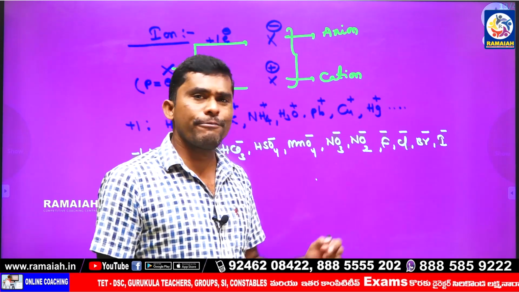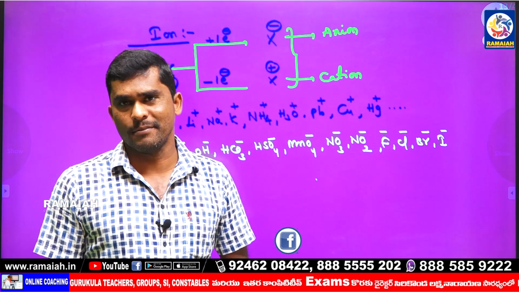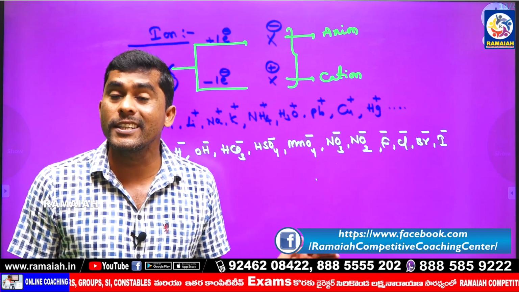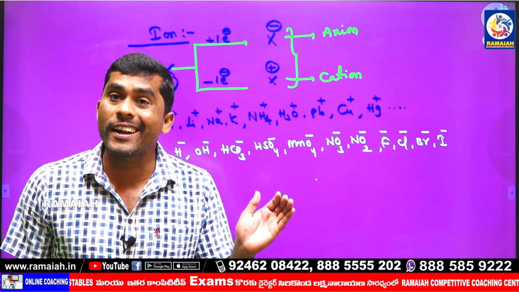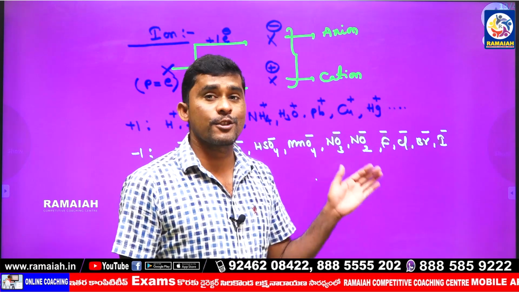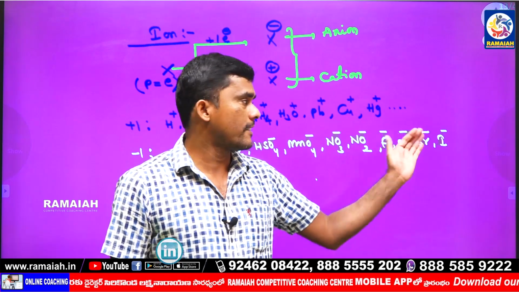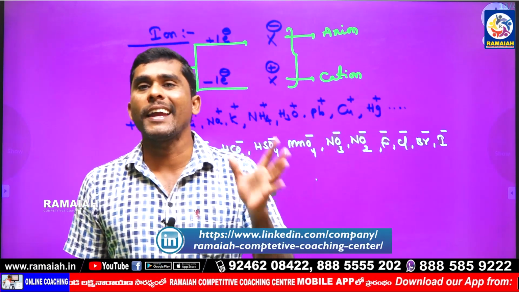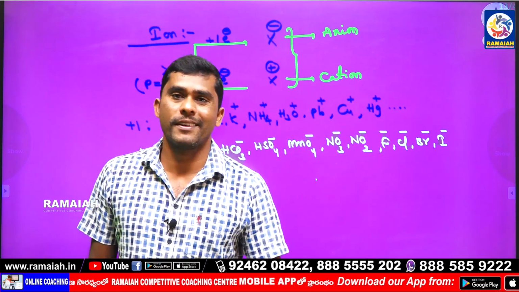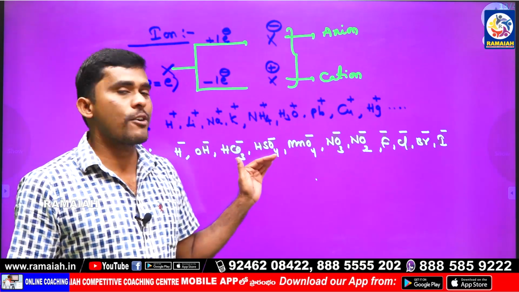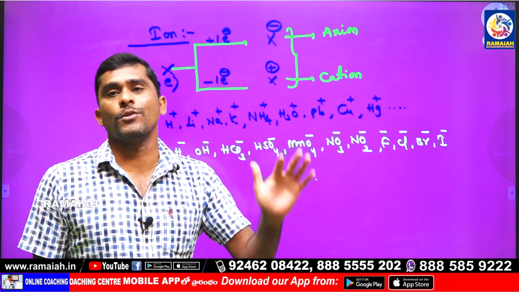Here also F minus has no oxygen atoms, so it is known as fluoride. Cl minus, chloride. Br minus, bromide. I minus, iodide. So these are uni-negative ions.